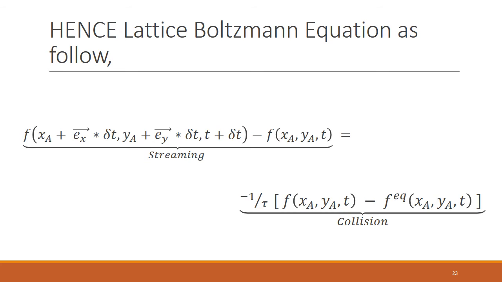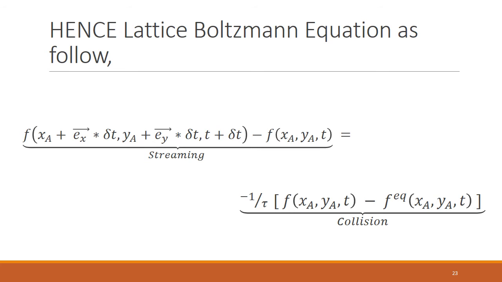The second part is the collision. That's something really complex for me, but before I explain it, I'm going to give you what is simple, because there are two extra terms in there. First is f eq, which means f equilibrium, and the other one at the very beginning is minus 1 over tau.